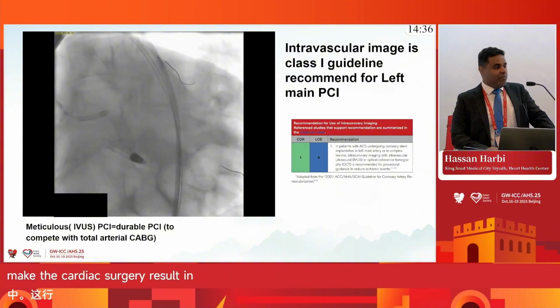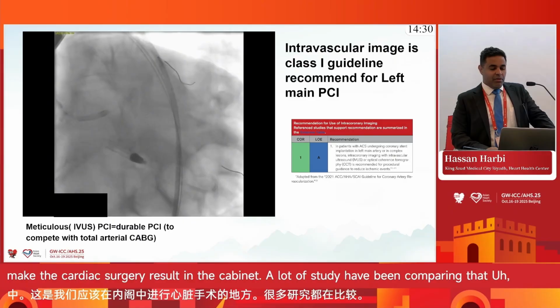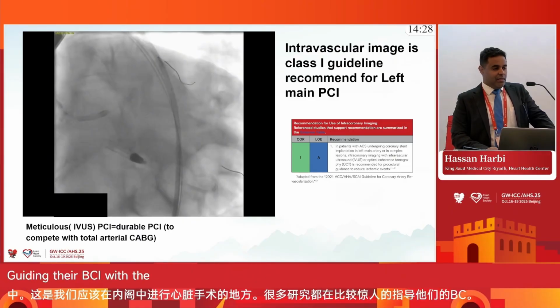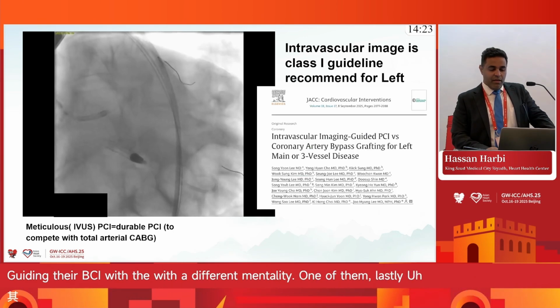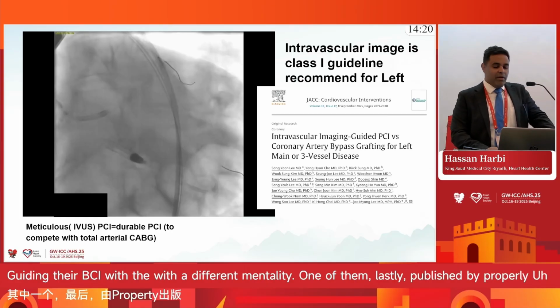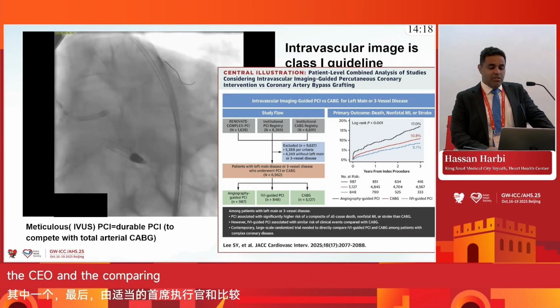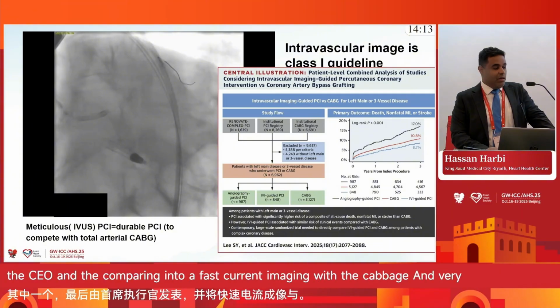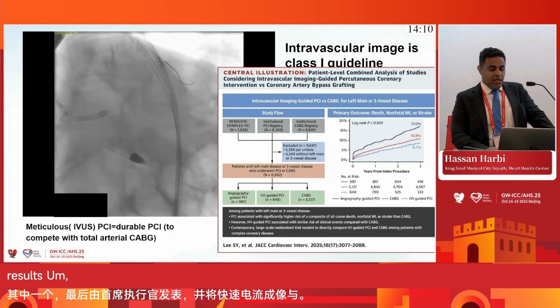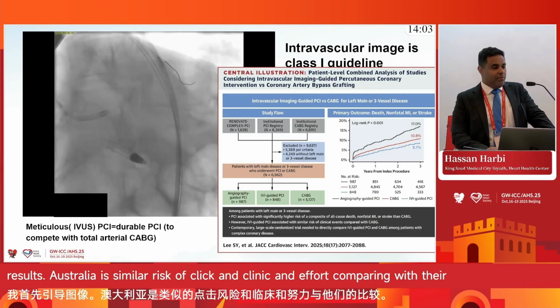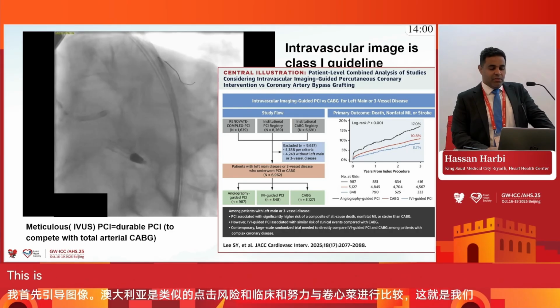A lot of studies have compared imaging-guided PCI with different modalities, and one of them was lately published by Prof. Lee, comparing intravascular imaging with CABG, with a very interesting result that IVUS-guided PCI is associated with a similar risk of clinical events compared with CABG, and this is where we should challenge the lateralization of CABG.